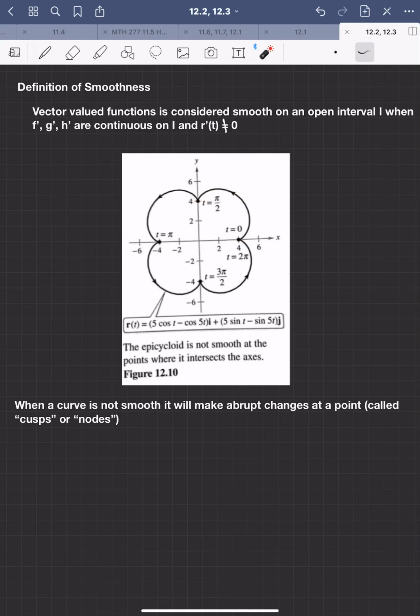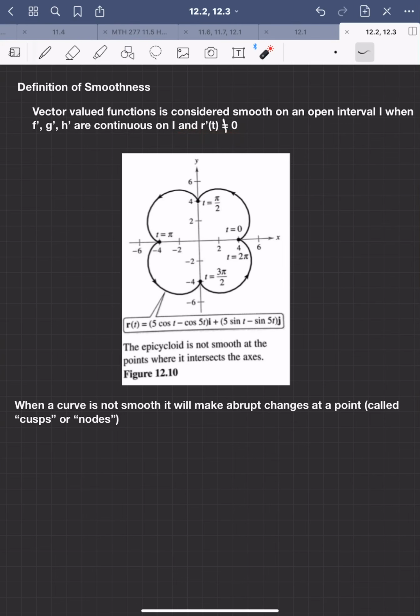So first off, your derivatives f prime, g prime, and h prime have to be continuous. Now, we've discussed continuity in the previous videos. So your derivatives have to be continuous, and r prime of t cannot be equal to the 0 vector.